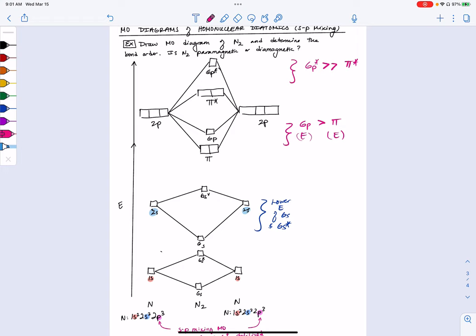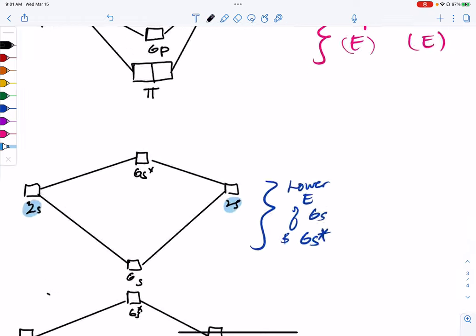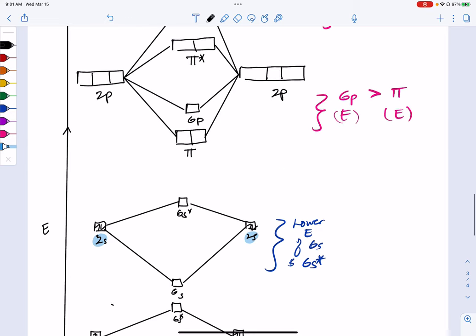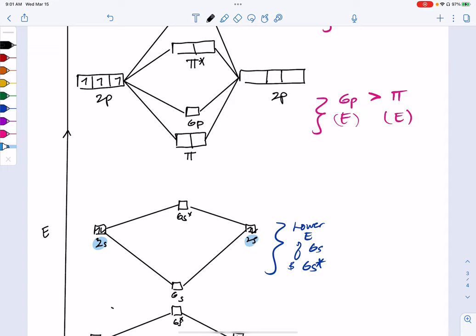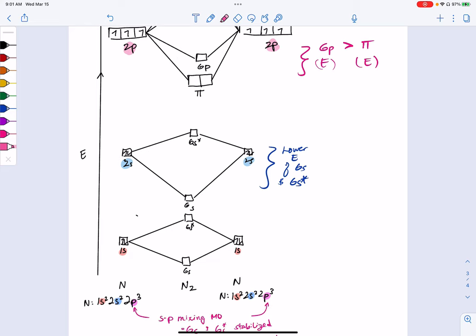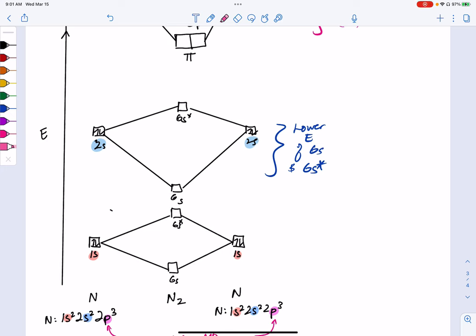So now let's fill in our molecular orbitals. So I've got my, starting down here, 1s, 1, 2 in each, 2s, 1, 2 in each, and then 2p, 1, 2, 3, 1, 2, 3 in each of my nitrogen atoms. And now it's time for us to fill this MO up. So I'm going to fill my sigma s star as a result of the combination of my 1s atomic orbitals.